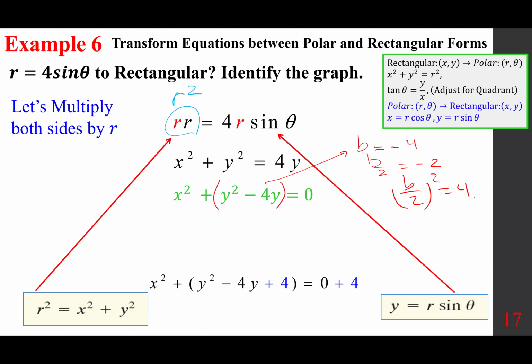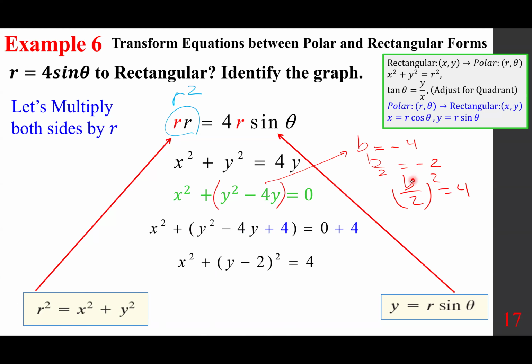So we need to add 4 to make it a perfect square trinomial, which is always the variable, in this case y, and b over 2, including the sign. So this becomes y and b over 2. That means y minus 2 quantity squared.